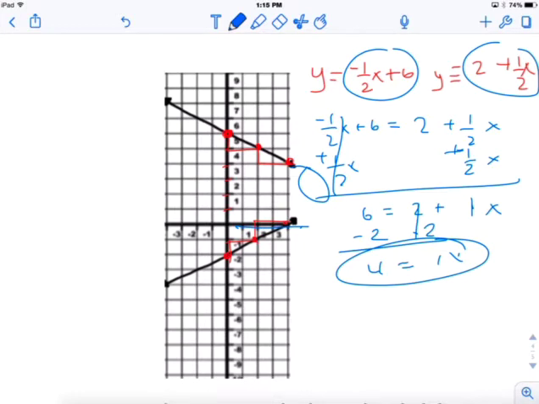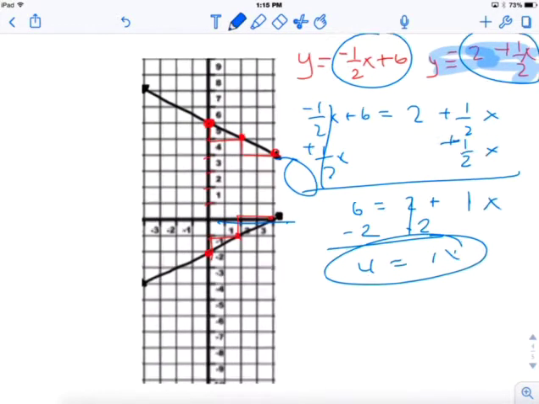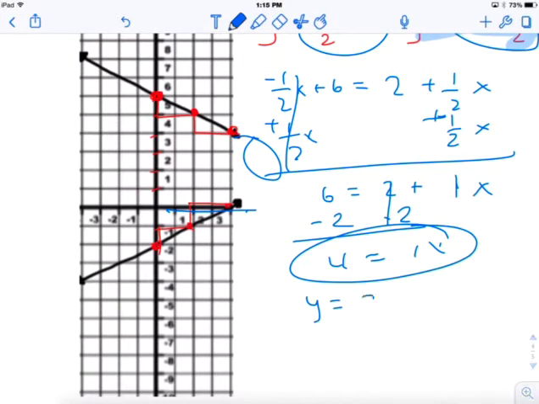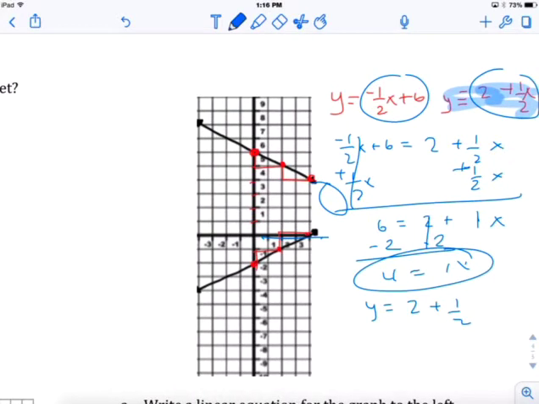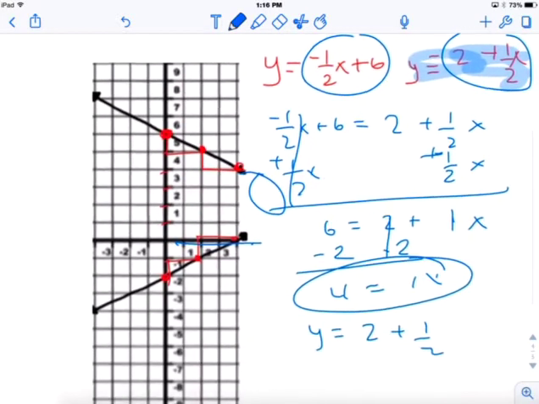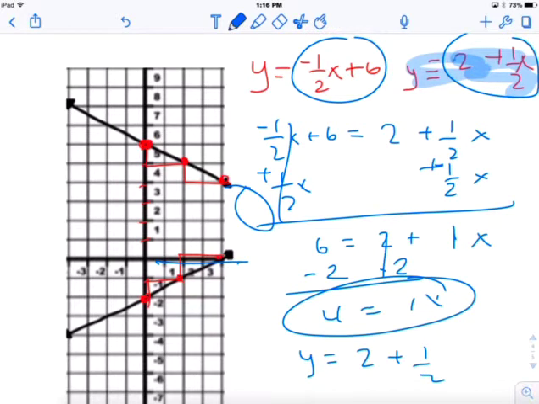Okay, I'm going to use this equation here. Y equals 2 plus 1/2. Oh, that's 2? That's a negative 2. This is a negative 2. Uh-oh. Add 2, that's 8.